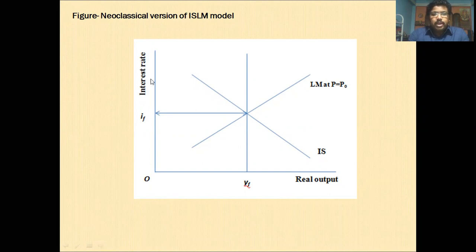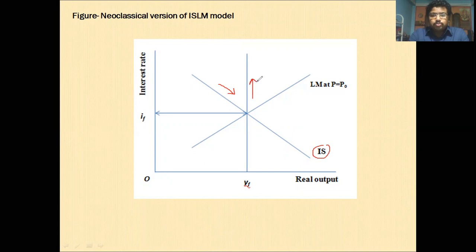In the same way, along the vertical axis, we measure the interest rate, and along the horizontal axis, we measure the real output. Okay. So now look, this is the IS curve. And this is the full employment output.